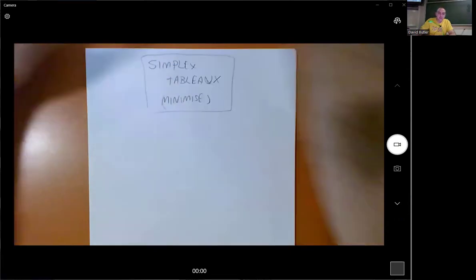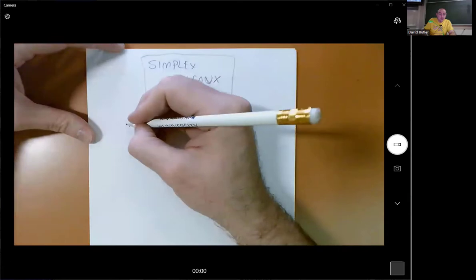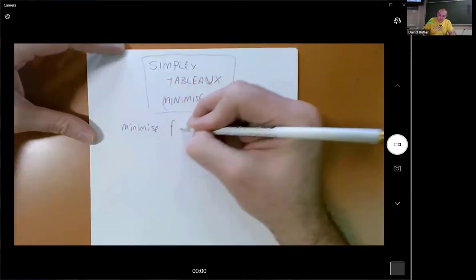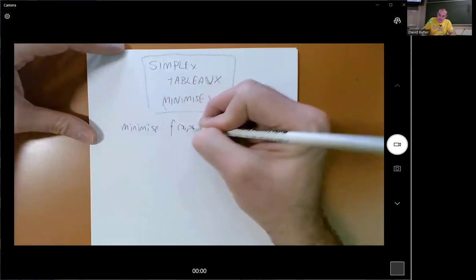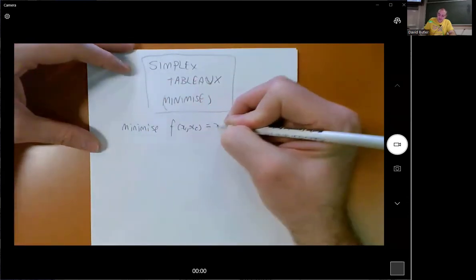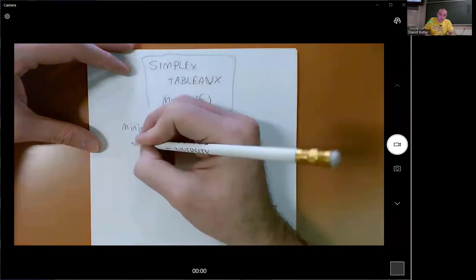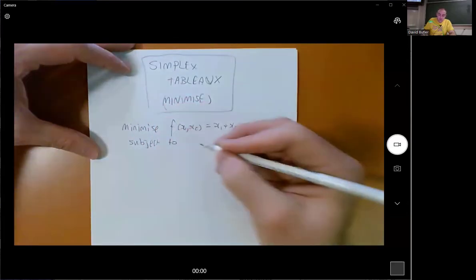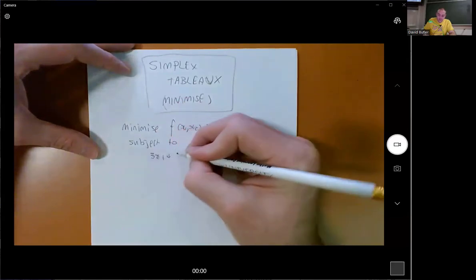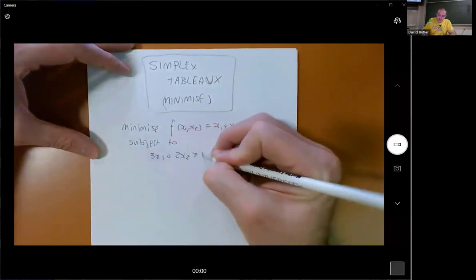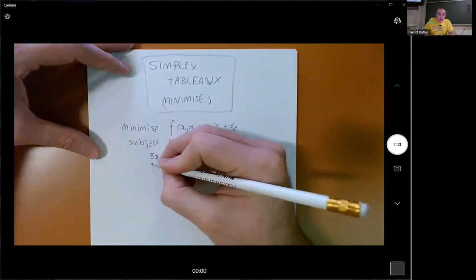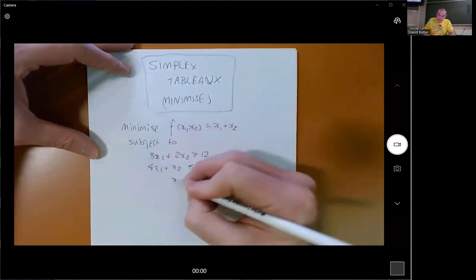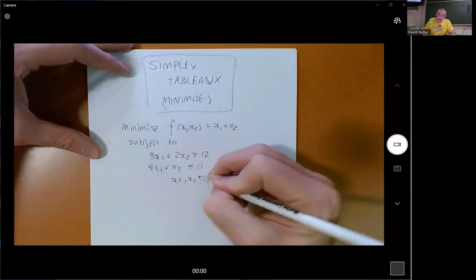We're going to minimize f of x1, x2 is x1 plus x2, subject to 3x1 plus 2x2 is greater than or equal to 12, and 4x1 plus x2 is less than or equal to 11, and x1 and x2 are greater than or equal to 0.